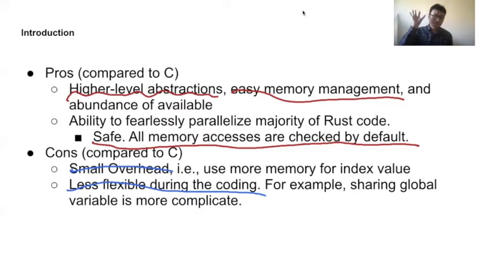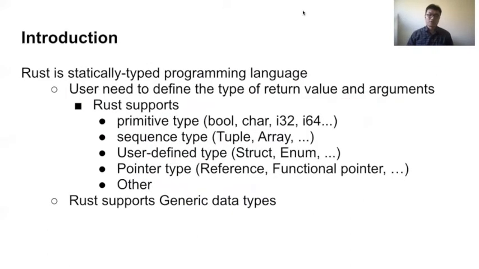It's a trade-off. The advantage is that it's much safer. The con is that it gives you more restriction on parallel programming. So these are the pros and cons of Rust.